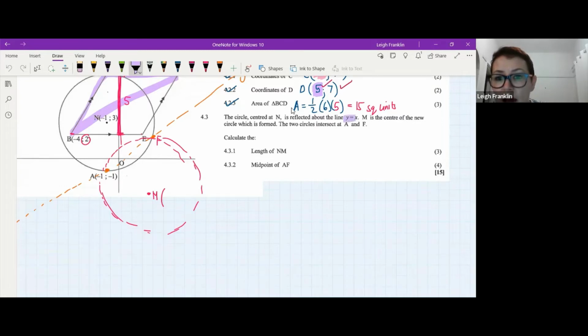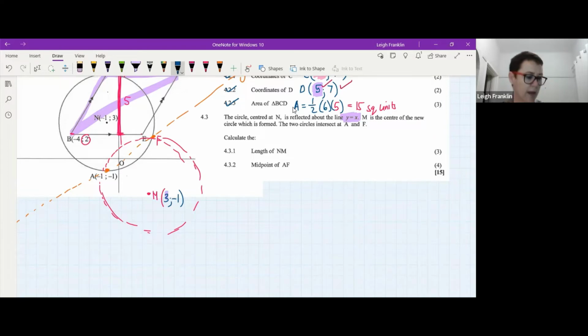So when we reflect over the line y equals x, x is equal to 3, and the y coordinate will be -1. Does that make sense to you guys? We have reflected point N essentially over the line y equals x, so what was x is now y, and what was y is now x. Is everybody happy with that?